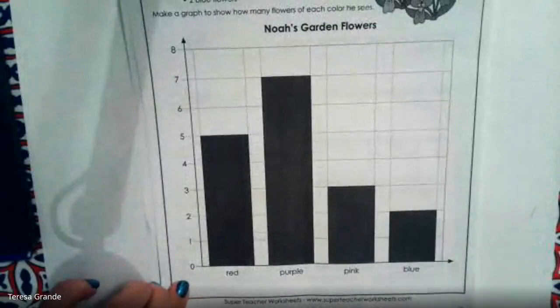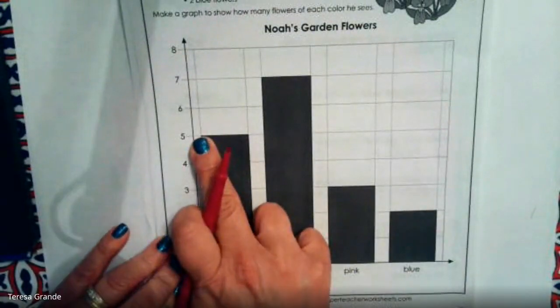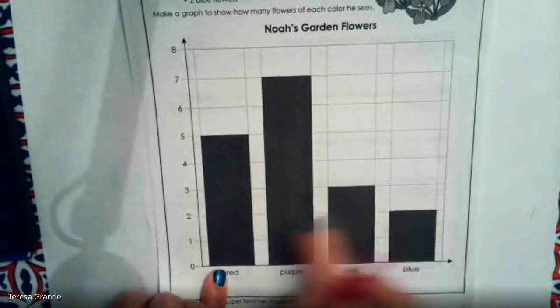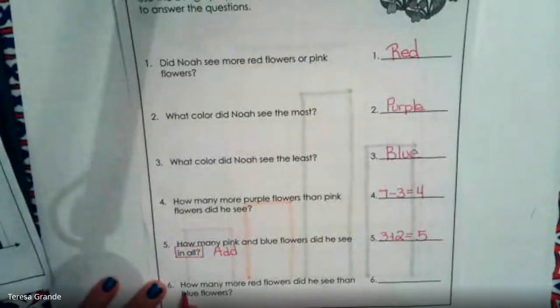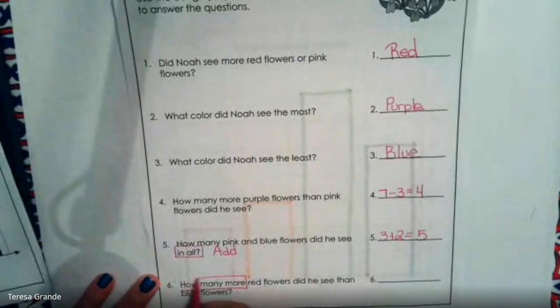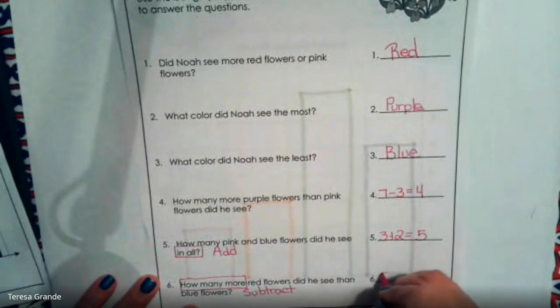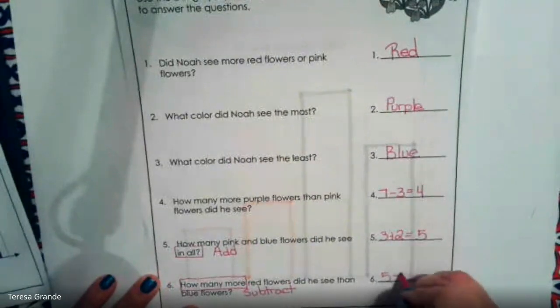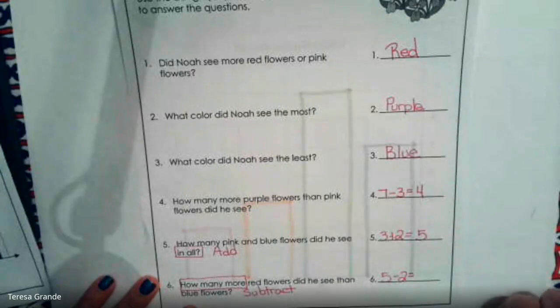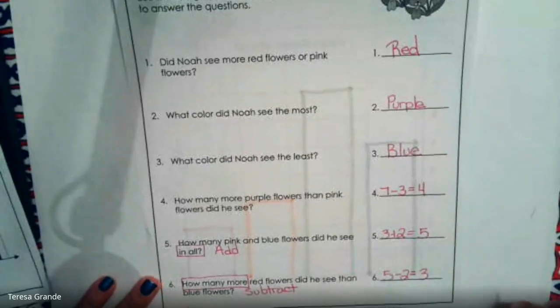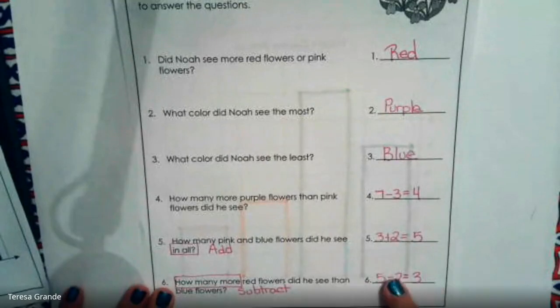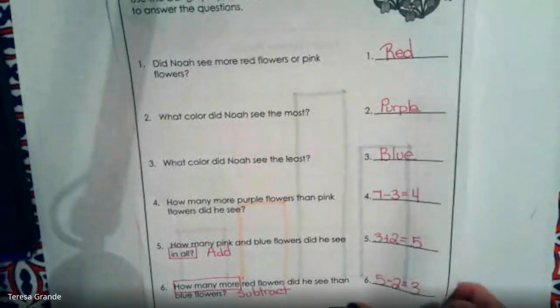Let's look at our graph again. He saw 5 red, 2 blue. So how many more? That means we have to subtract. 5 minus 2 equals 3. He saw 3 more red flowers than blue.